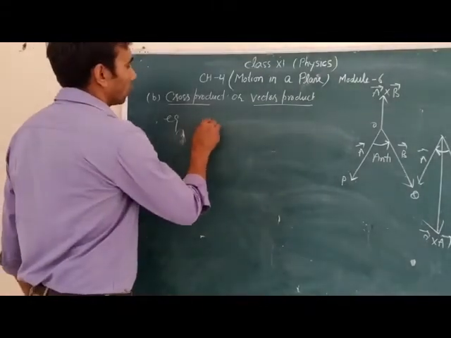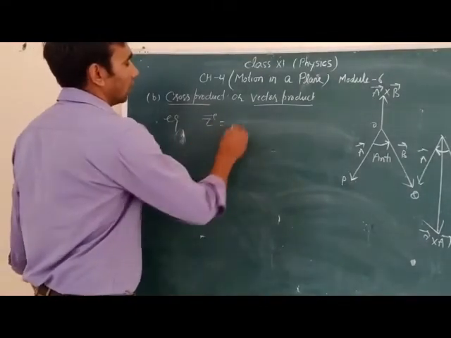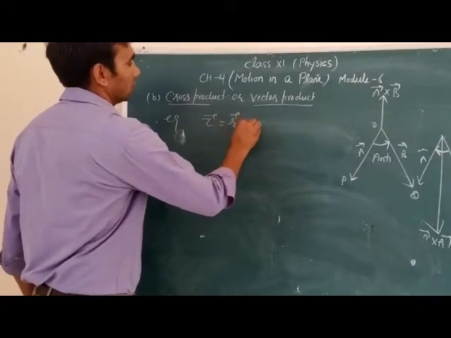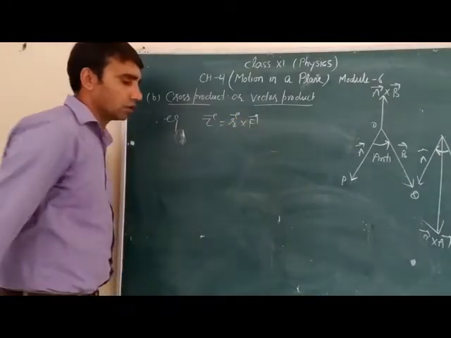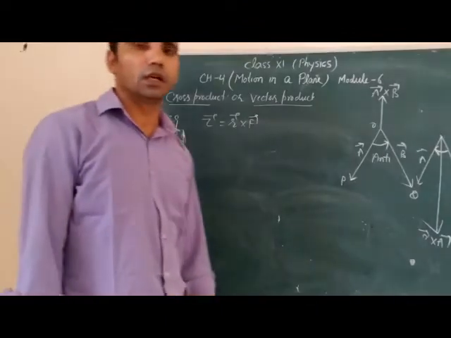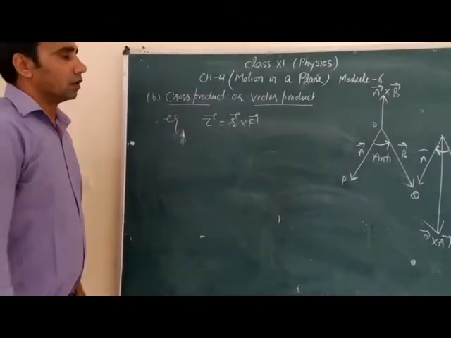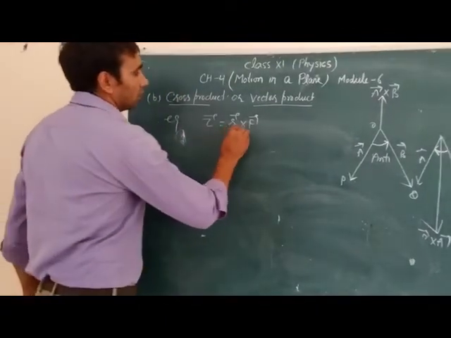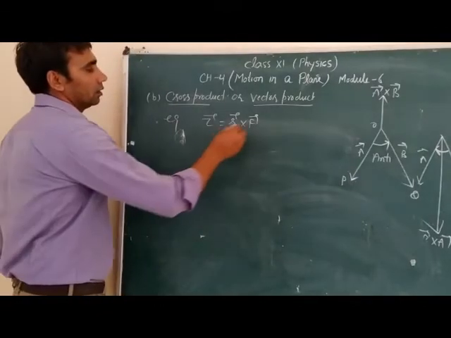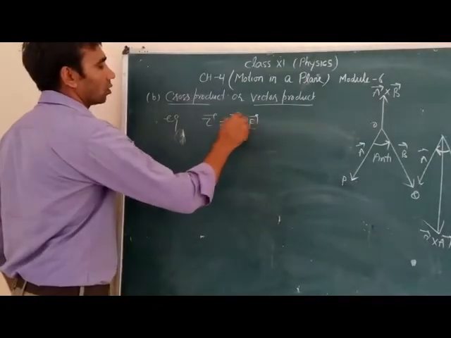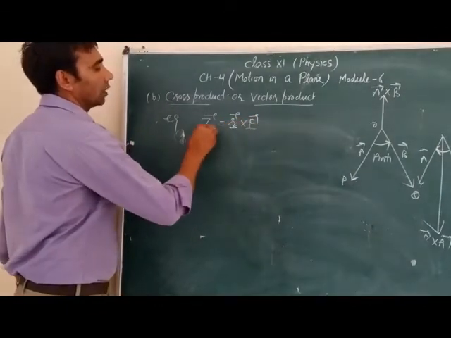Torque is equal to R cross F. This is vector quantity R, this is another vector quantity. The cross product of these two vector quantities is a vector quantity.